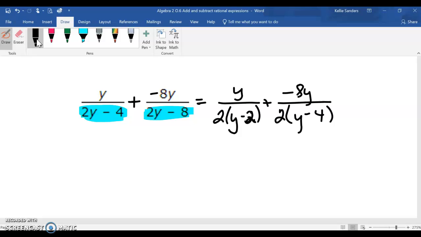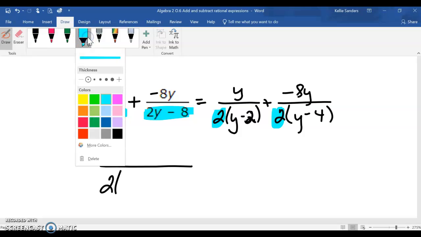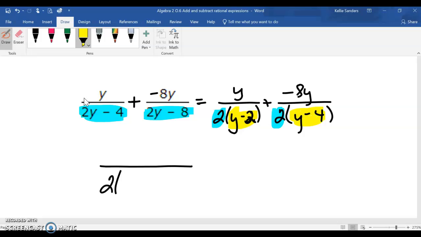Okay. Now I'm ready to get a common denominator. And here's the deal. Because these are multiplying, I'm not going to do 2 times 2 because what's the common denominator between 2 and 2? 2. Because these are different, we are going to leave it like that for just a minute.